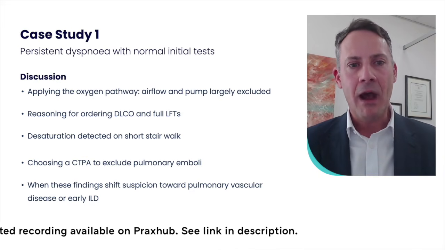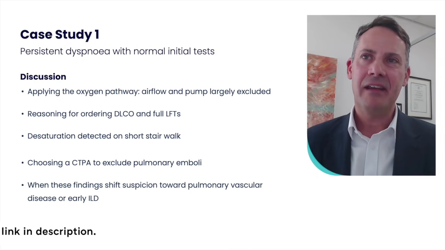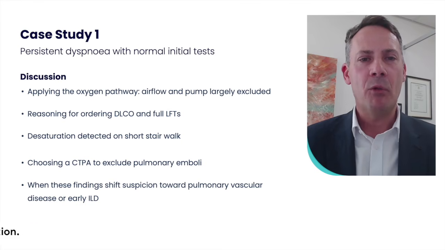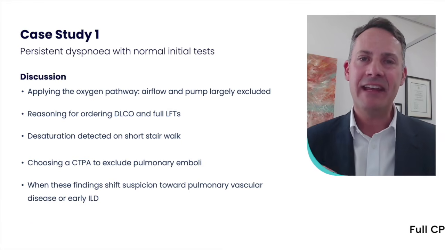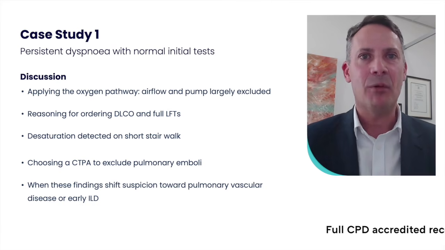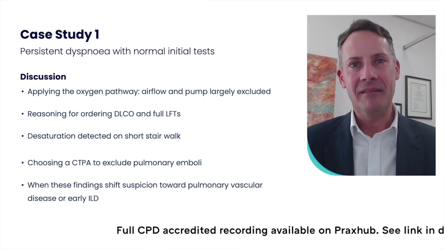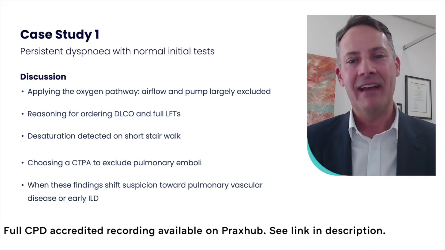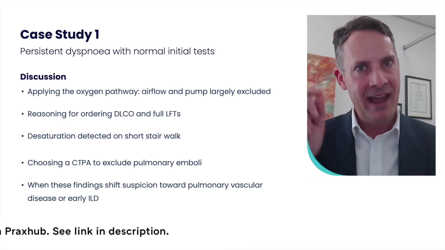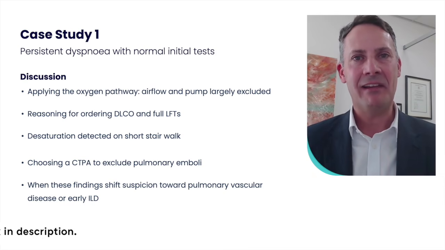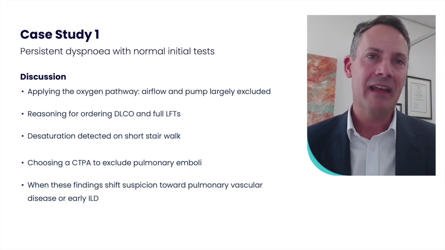But that's just one short case that I think demonstrates how important it is to keep on looking, even when a test is normal. So, for example, the CTPA was normal. We need to keep on looking. And I think the big clue in this case, or the big red flag, was that she desaturated on exercise, and until someone had actually taken her for a walk and seen that, it could have been missed.